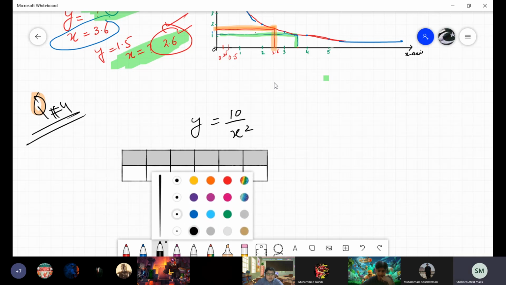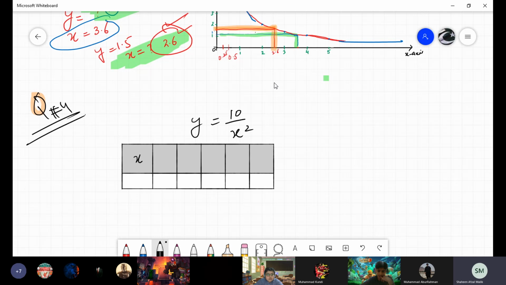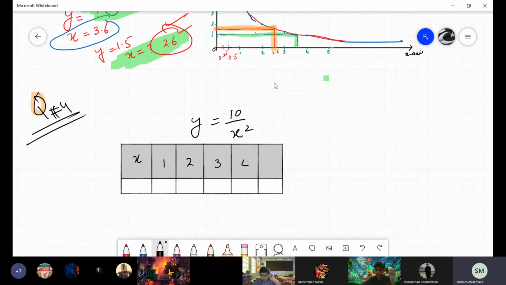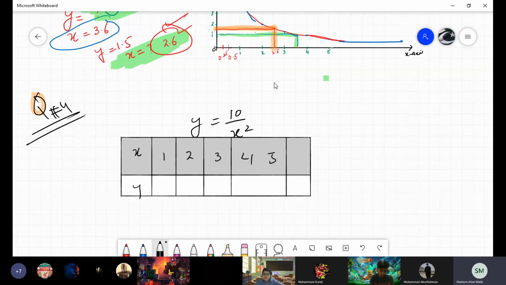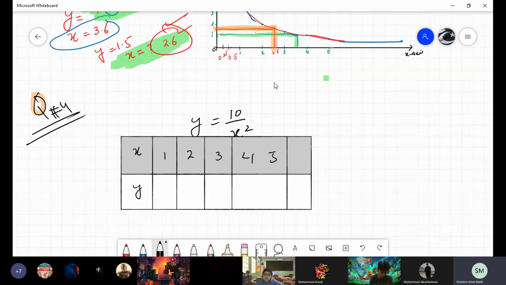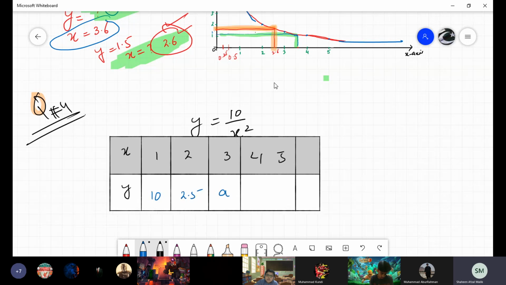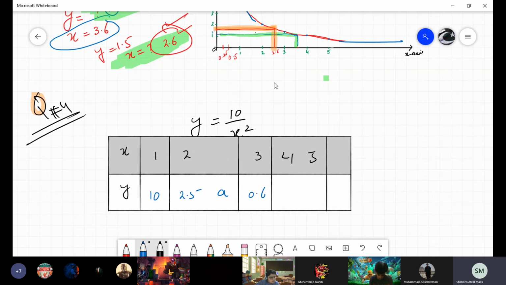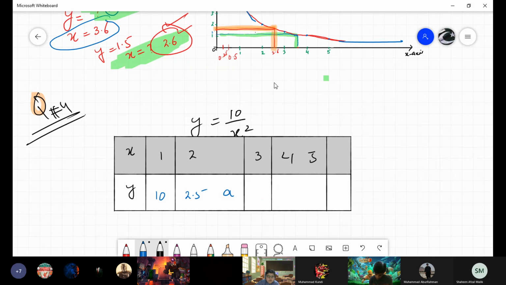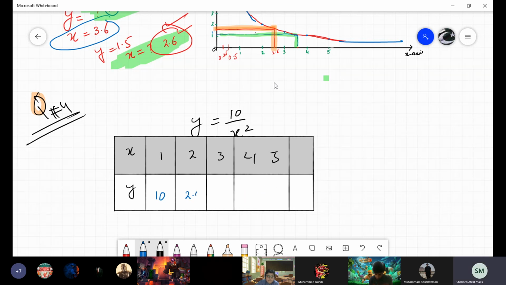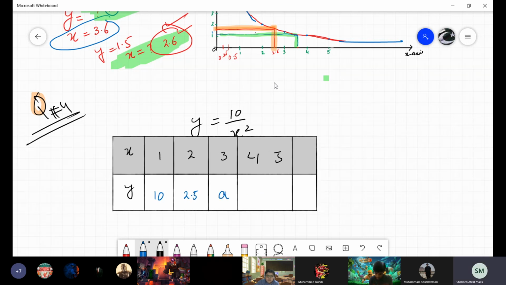We have to write the x values. X values are given to you: 1, 2, 3, 4 and 5, and most of the y values are given to you. The values of y are 10 and 2.5, here it is a, here it is 0.6, sorry. This is 2.5, this is a, and this one is 3.